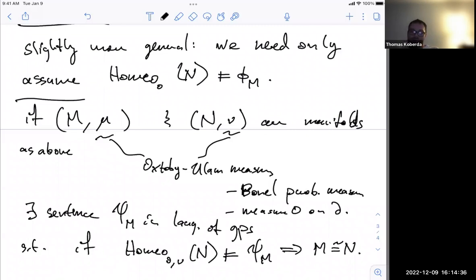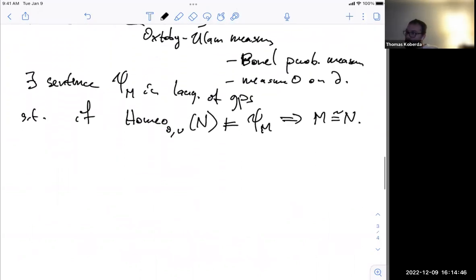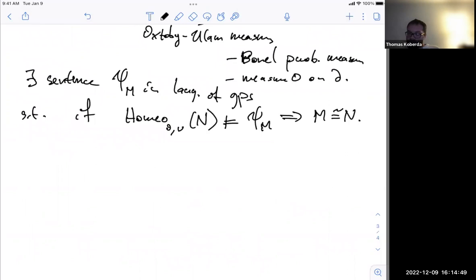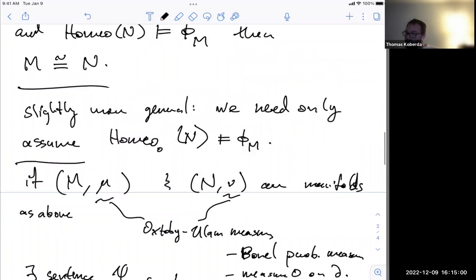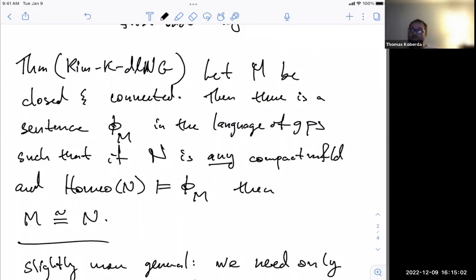Let me just say something about history a little bit. I found out when I was working on this theorem with my co-authors that this particular theorem was claimed already in some generality by Rubin. This is Matatyahu Rubin, who did a lot of work on reconstructing spaces from their automorphism groups.